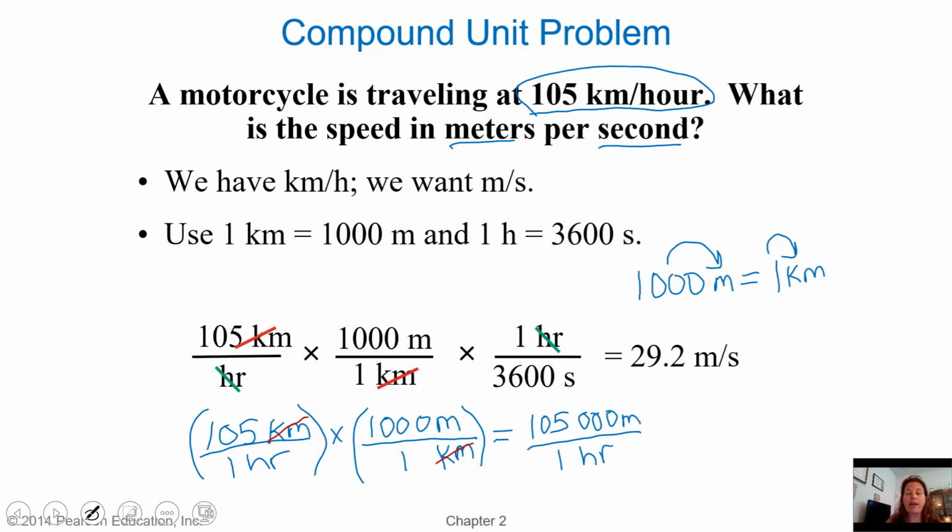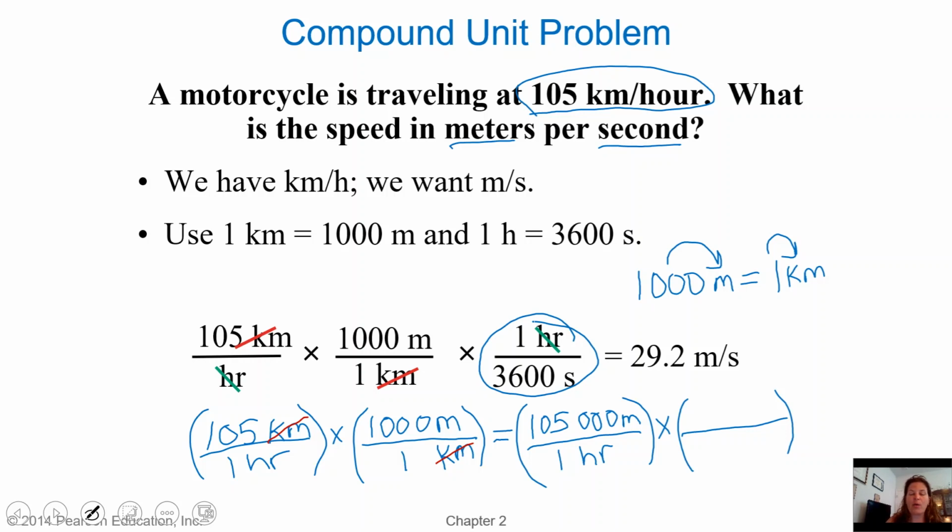Now I can go ahead and convert to seconds. If you don't know how many seconds are in an hour, you can convert from hours to minutes and then minutes to seconds. But it's a good idea to just memorize that 1 hour is 3,600 seconds.